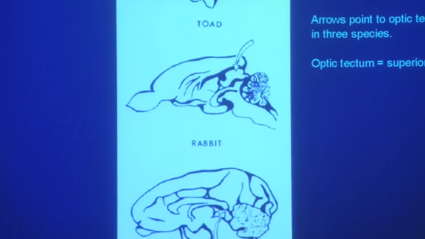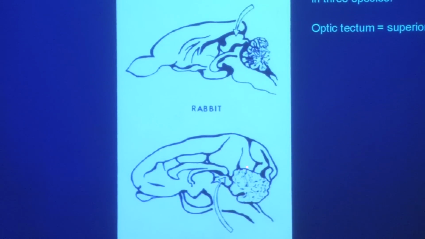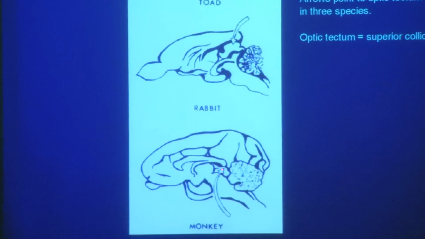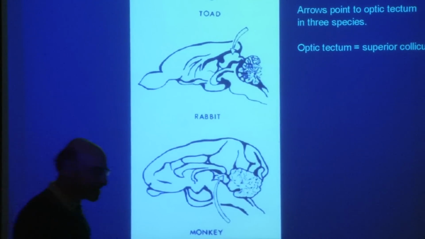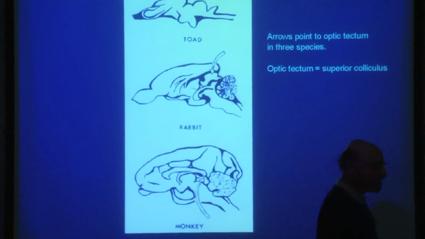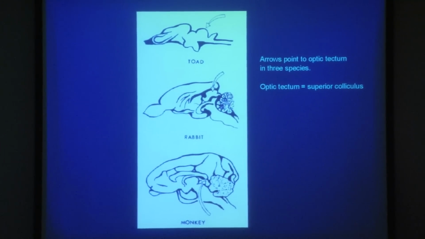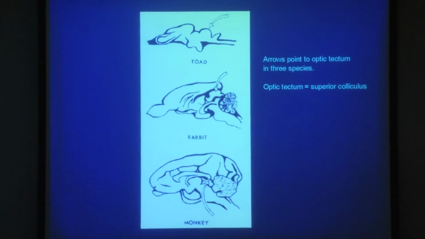And when it comes to the monkey, the superior colliculus is actually quite tiny. In monkeys and humans, the superior colliculus is very small. It's maybe about 5 or 6 millimeters in diameter, and yet it's an extremely important structure, and we're going to examine just what this structure does. And later on, we're going to examine what happens if you lose that structure.